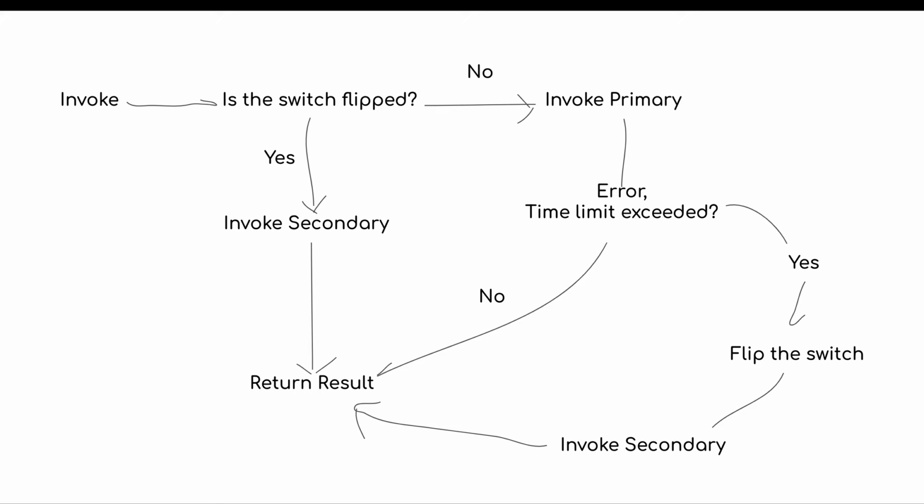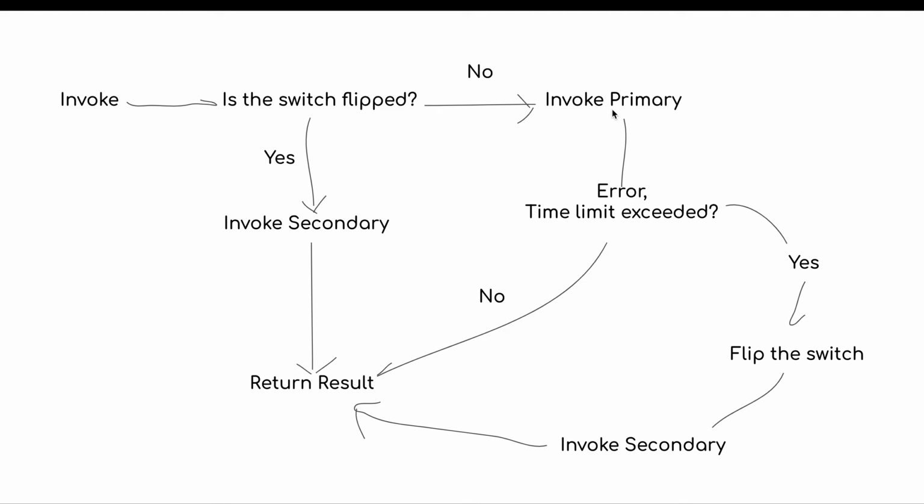So let's consider the flow that will allow us to do this. Given that the circuit breaker is a function of primary and secondary functions, when it is invoked, it has to first check if the switch has been flipped. By default, it won't be flipped.